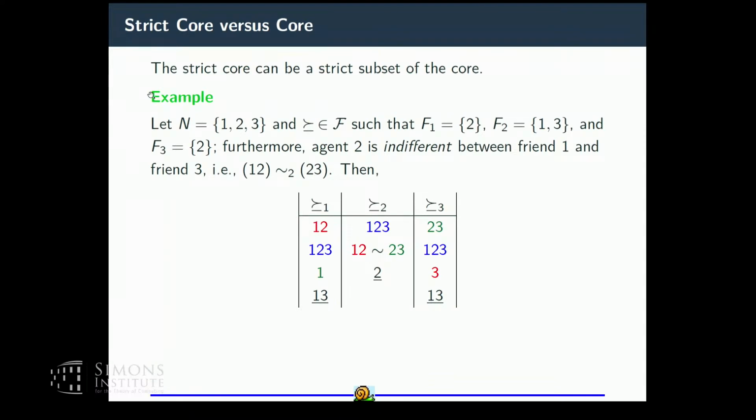Okay. So one observation we can make quickly is that the strict core can be a strict subset of the core. So here we have this example where agent 1 likes agent 2, agent 3 likes agent 2, and the point is that agent 2 likes both of these guys equally.